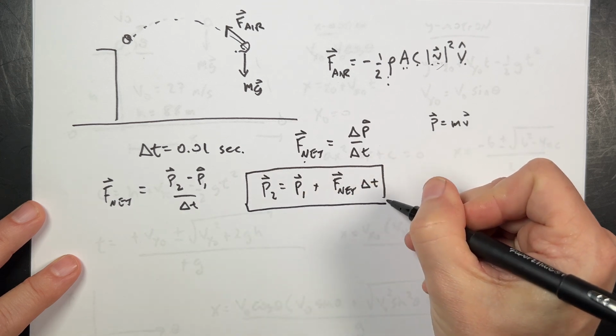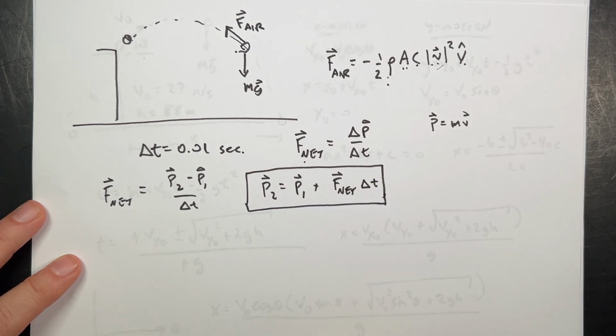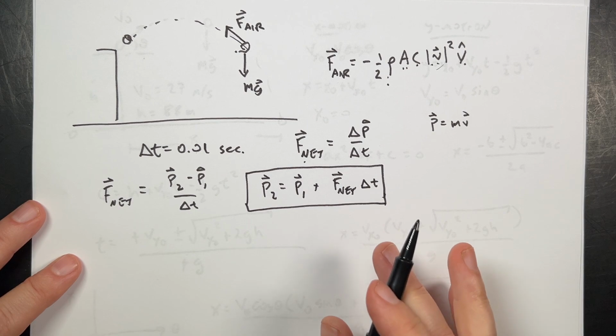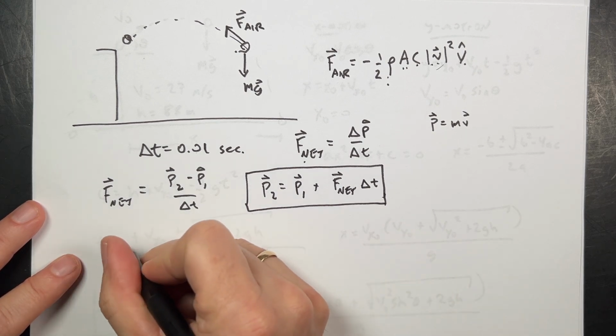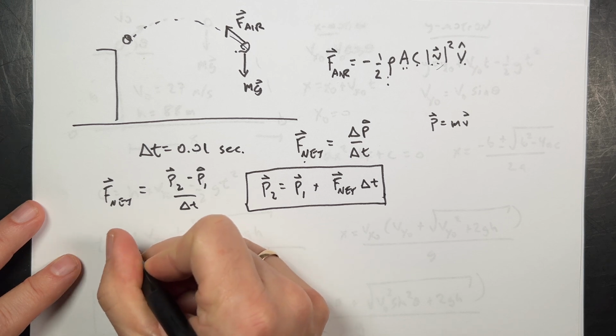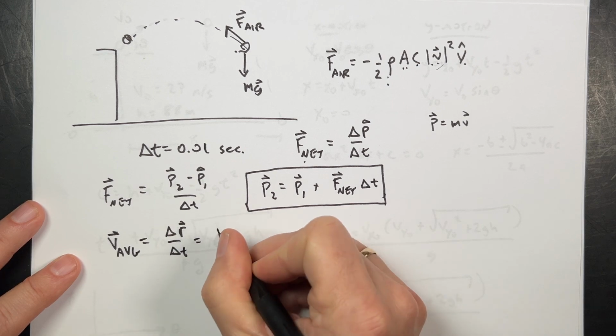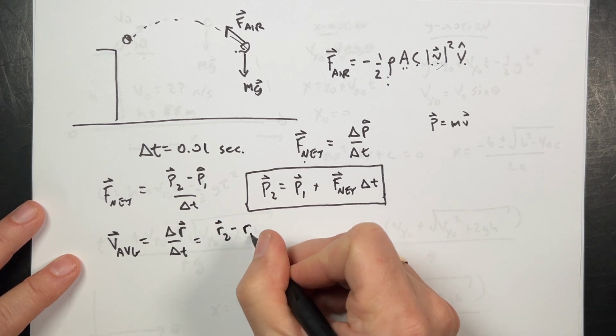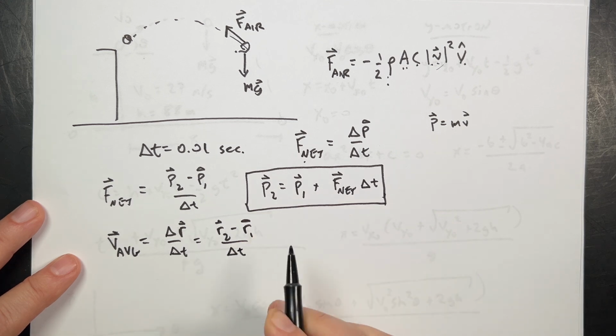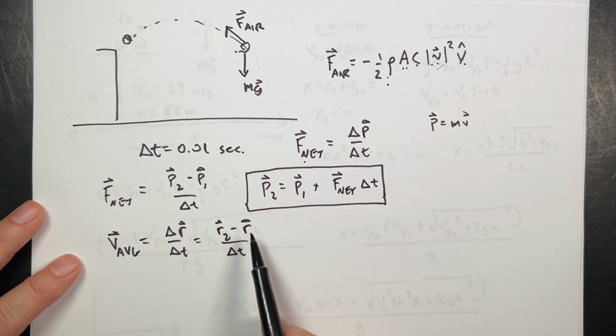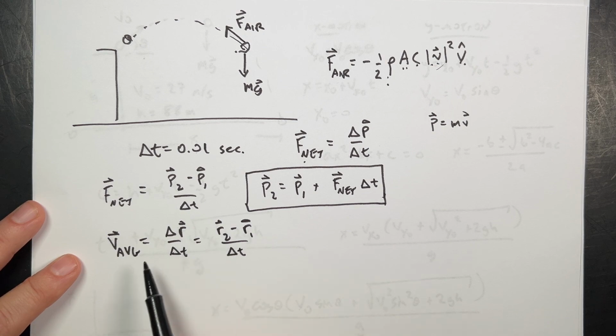Now, I can assume that it's moving at a constant velocity, which it's not, and say that V average is the change in position with respect to time, which would be R2 minus R1 over delta t. So this is the position at the beginning of the time interval. This is the position at the end of the time interval. And the velocity is the momentum over mass.